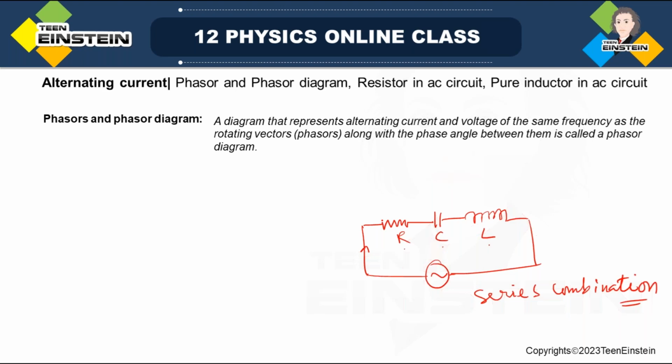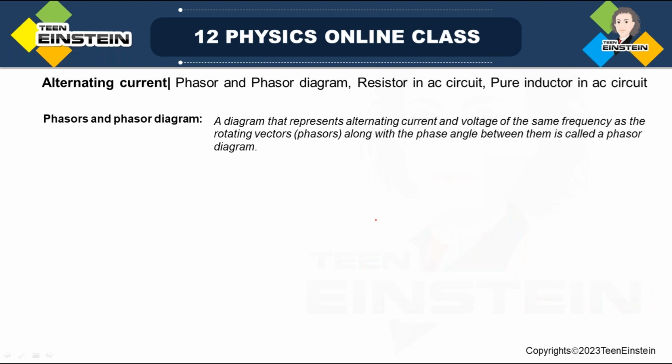So here, what is a phasor? It is actually a rotating vector. A rotating vector that represents a sinusoidally varying quantity is called a phasor.